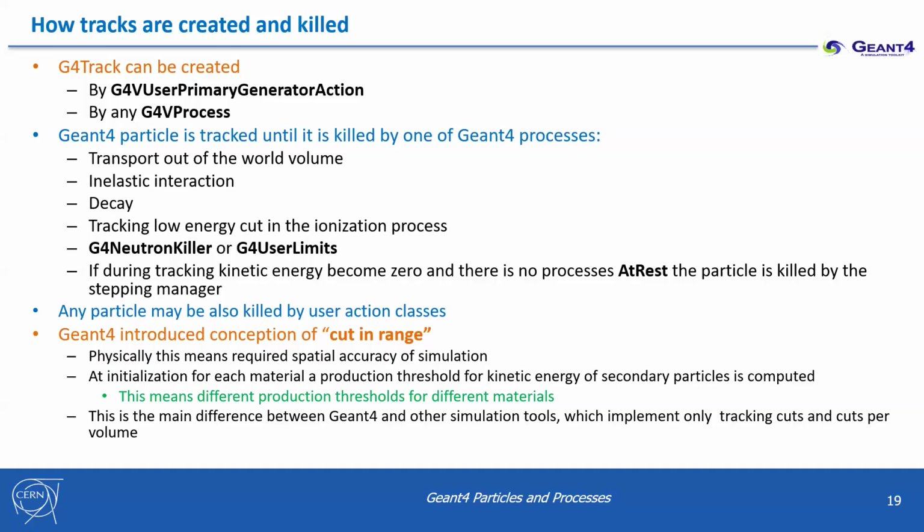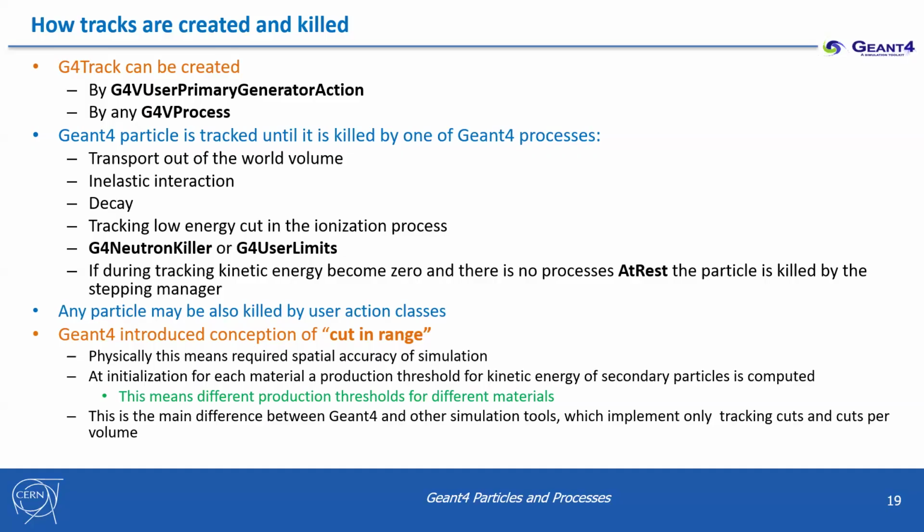In G4 initialization, this cutting range requirement for each geometry region is transformed to production thresholds for kinetic energy of secondary particles.